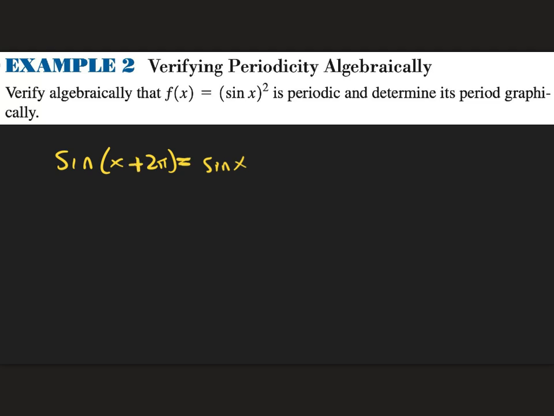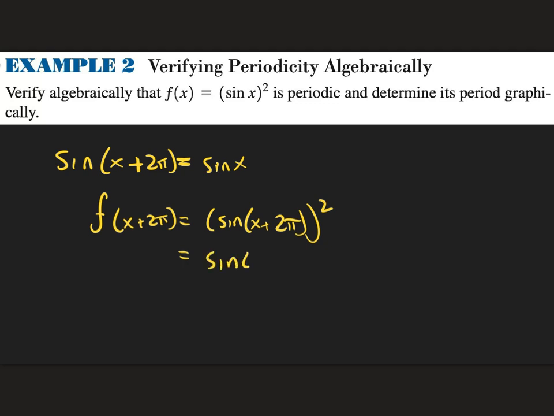So f of x plus 2 pi is equal to the sine of x plus 2 pi, squared. Because the sine of x plus 2 pi is equal to the sine of x, this is equal to the sine squared of x. And that is equal to f of x.